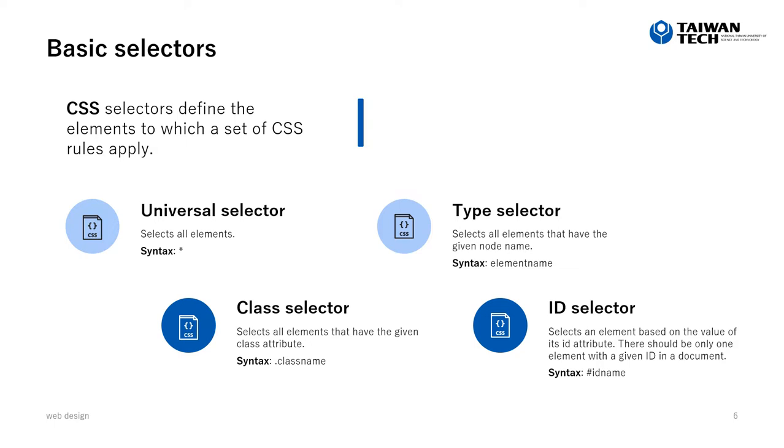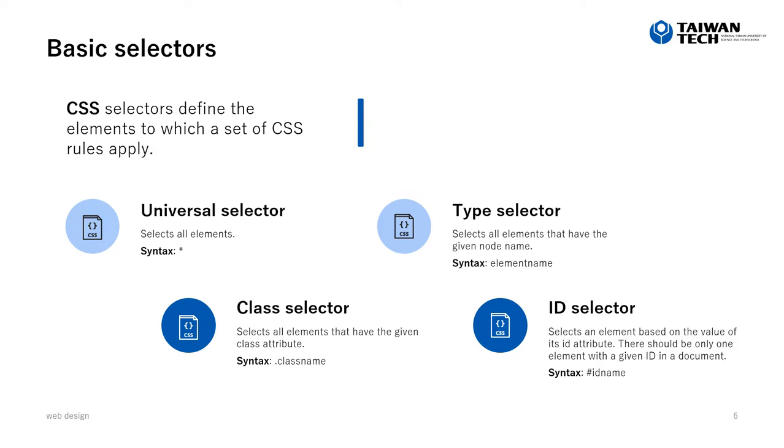Maybe I use the ID name hashtag teacher. Maybe it's blue coated, with a microphone or something. So I will set up a series of things to describe this ID. So that is specific, and this time I will use the ID selector.